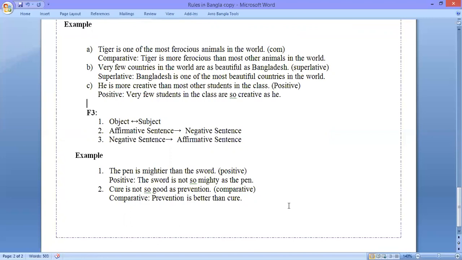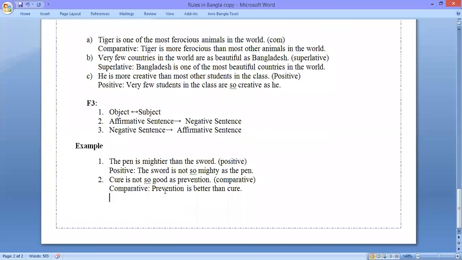So the solution is: the sword is not so mighty as the pen. We can see that the first sentence is affirmative, so we have made this negative. We have brought the object to the beginning and we have made the affirmative form into negative form.